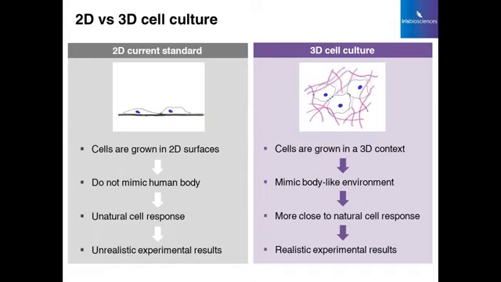We believe that if we provide a 3D environment for cells where they can sense the environment in every way all around, this could mimic the body-like environment, and therefore the cell response could be closer to what it would be in the natural context. And then at the far end, the experimental results will be far more realistic.